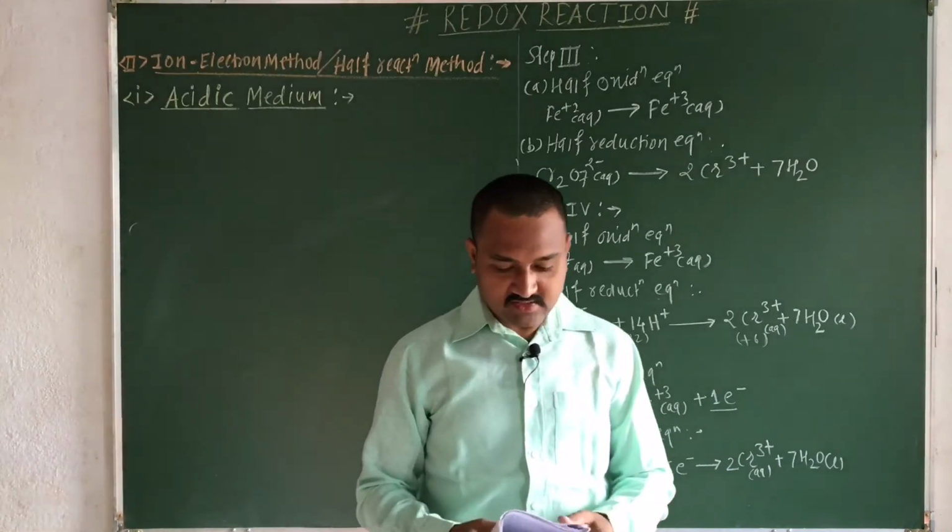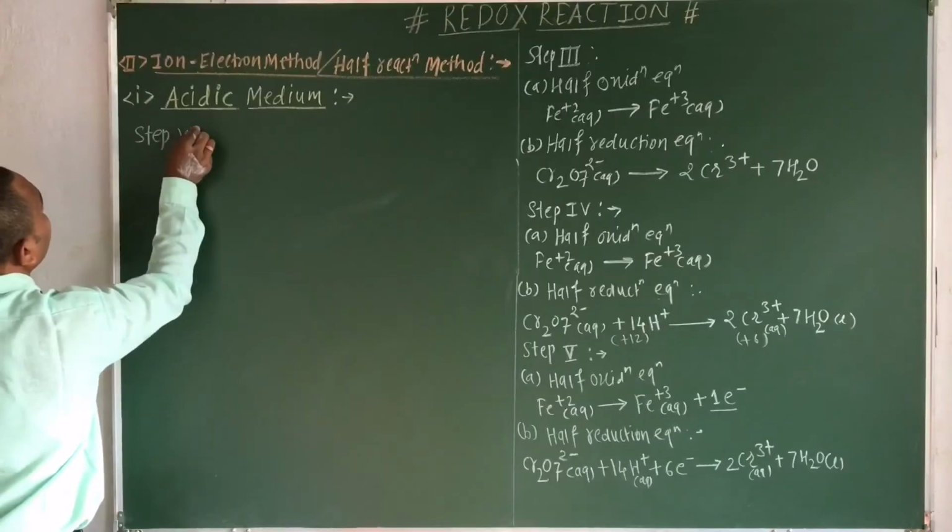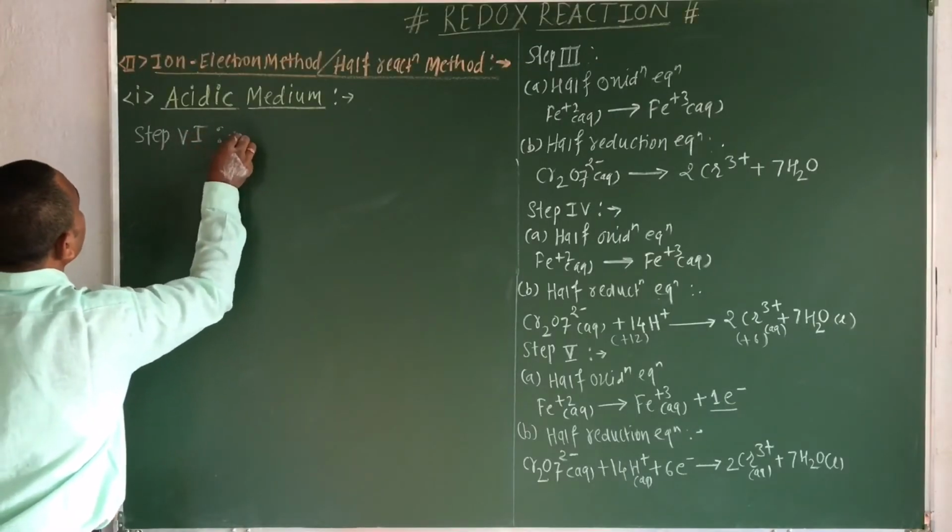Now step number 6: multiply the half equation by a suitable factor to equalize the number of electrons in the 2 half equations, then add the 2 half equations and cancel the electrons on both sides of the equation. Step number 6 is again very important.